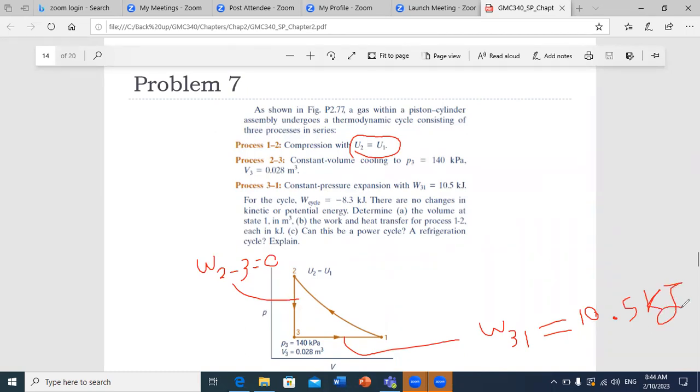Okay. And we have that for the whole cycle, W cycle equals minus 8.3 kilojoule.